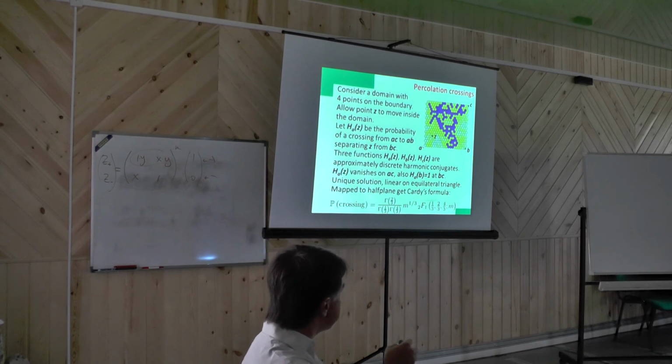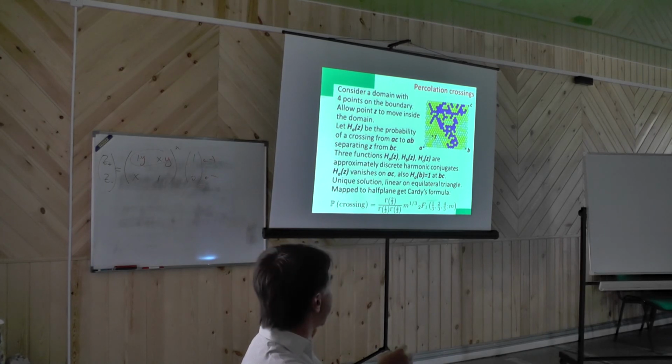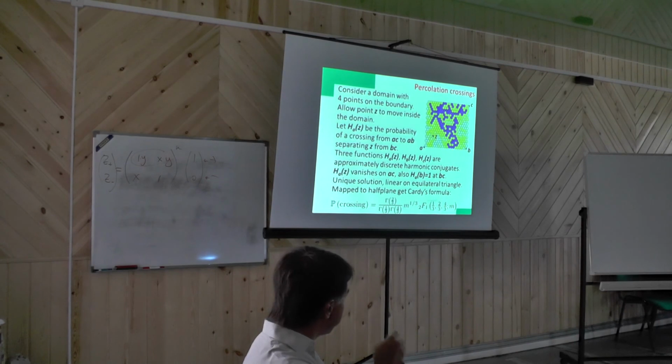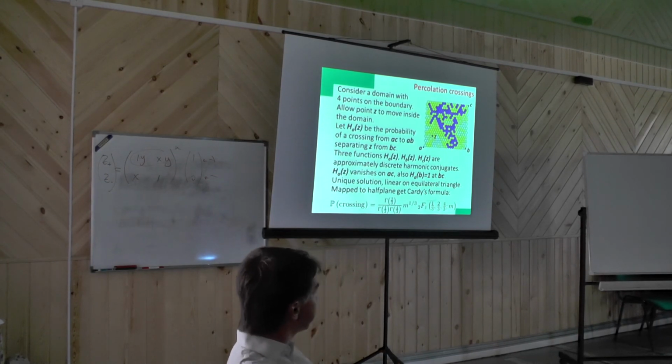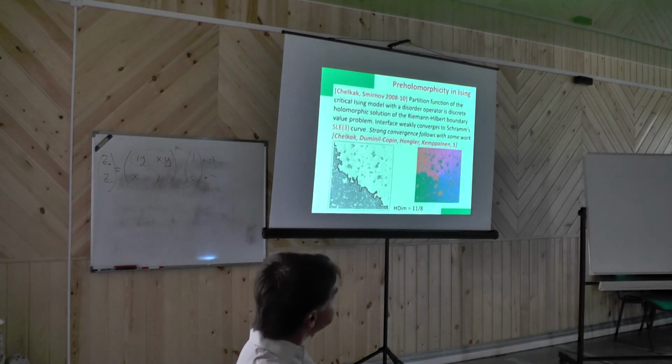But on the other hand, if Z is at A, and the lattice is very large, you almost surely will have some very small crossing which cuts it. So it's 1 here and 0 here. And between the 3 functions, the whole boundary is covered. And then we deduce that this is the solution by playing some conformal geometry tricks.